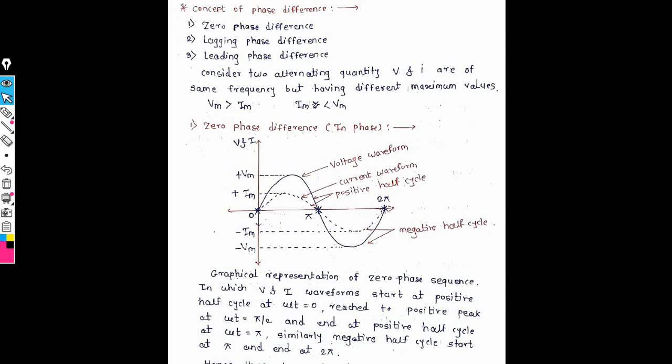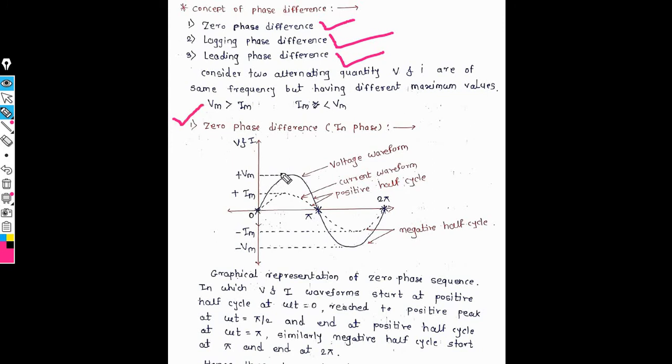This is a very important point, and the concept of phase difference is classified into 3 types. The first type is zero phase difference, the second is lagging phase difference, and the last one is leading phase difference. First we explain zero phase difference.